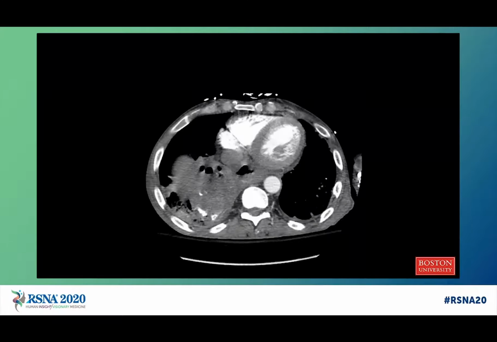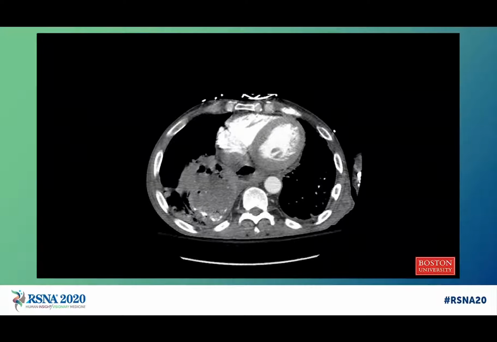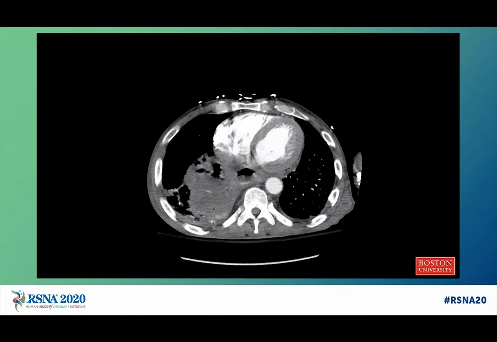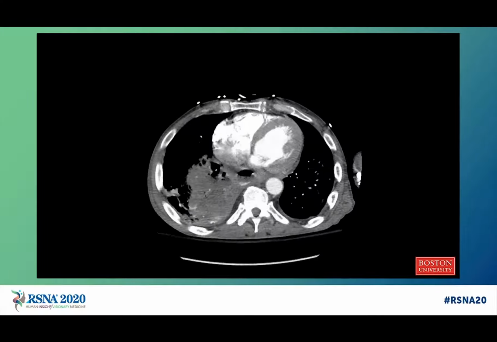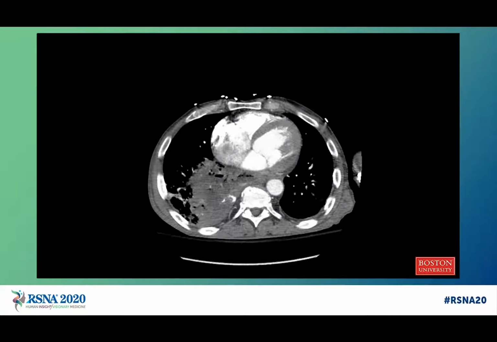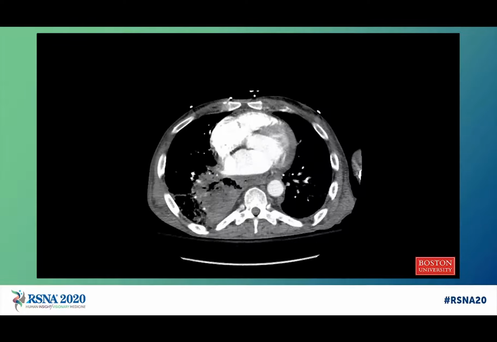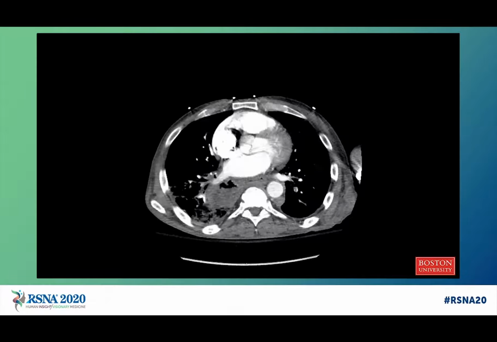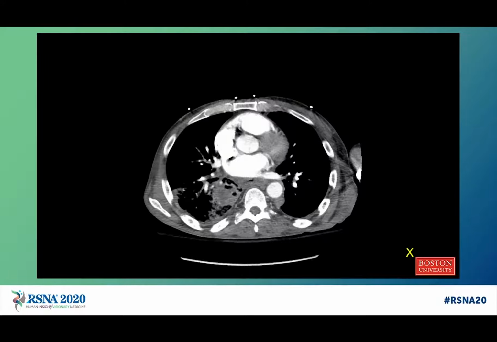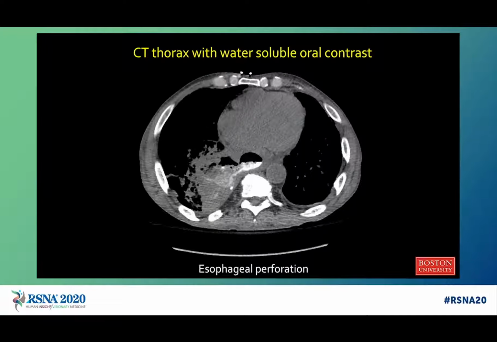Axial images through the chest demonstrate hyperattenuating foci within a fluid and air collection in the right pleural space or right lower lobe. There was worry that this was from an esophageal source. So the patient underwent CT thorax with water-soluble oral contrast, and indeed an esophageal perforation was encountered.